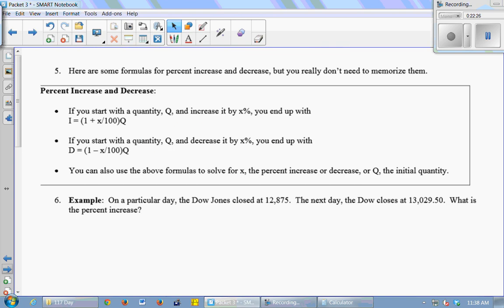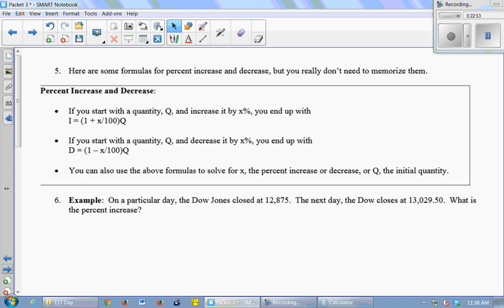All right, so these are some formulas for percent increase and decrease. You don't really need to memorize them because we just talked about them. If you start with a quantity and you want to increase by X percent, you multiply by 1 plus that thing as a decimal, right? And if you want to decrease by X percent, you start with 1 for 100% and subtract that percentage that you want to decrease by.